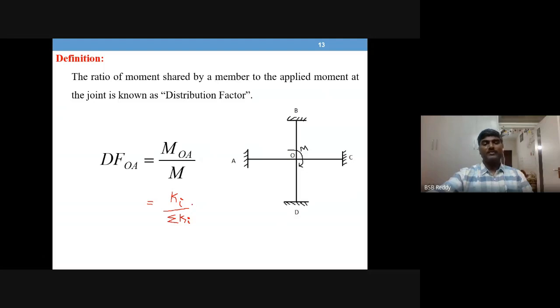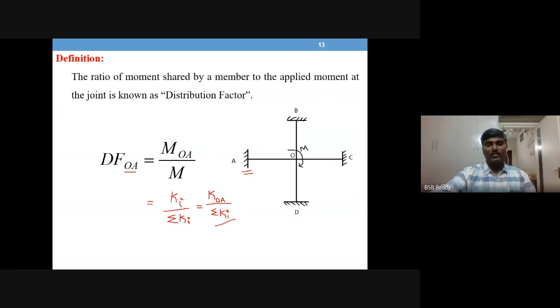Which means, if you want to know the distribution factor for member OA, you must calculate the stiffness of that member, KOA. You know how to calculate stiffness, right? 4 EI by L if the far end is fixed, divided by the total stiffness at the joint, sigma Ki. So this is for OA.